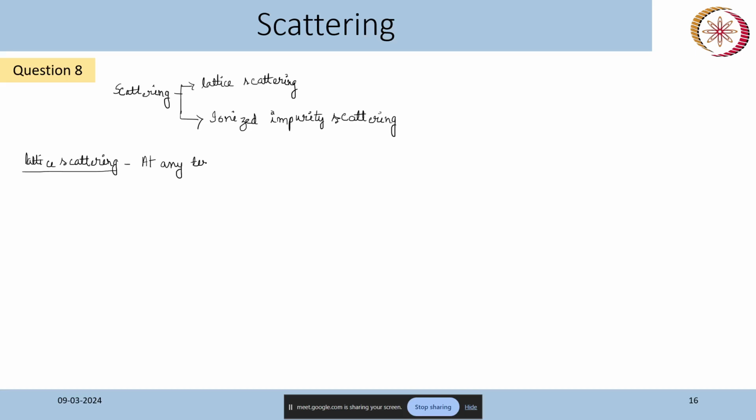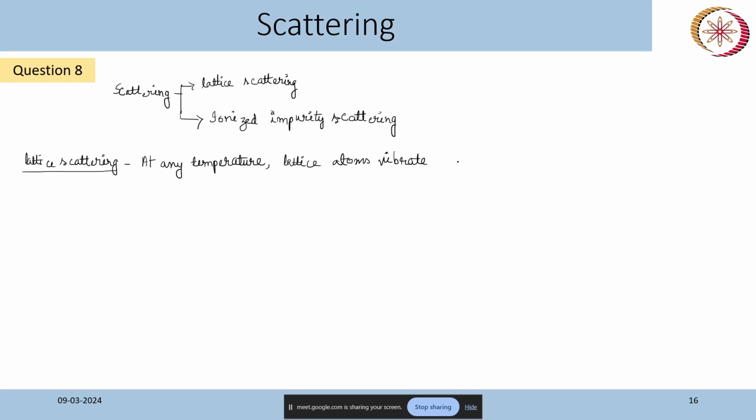Crystal atoms will be more appropriate, but you got the point. The atoms in the lattice sites. When these atoms vibrate, if any carrier electrons come into that path, that will basically lead to a change in the direction of the path of the carrier that is moving.